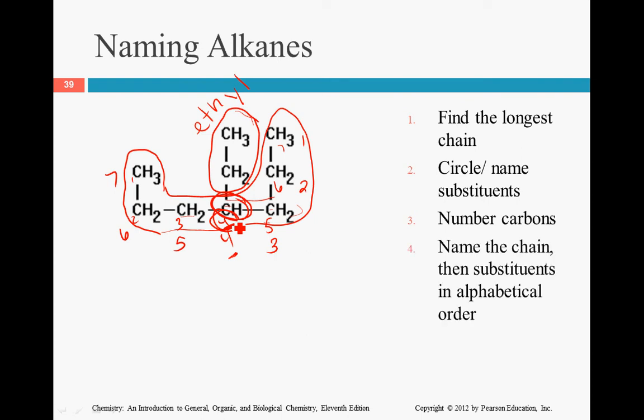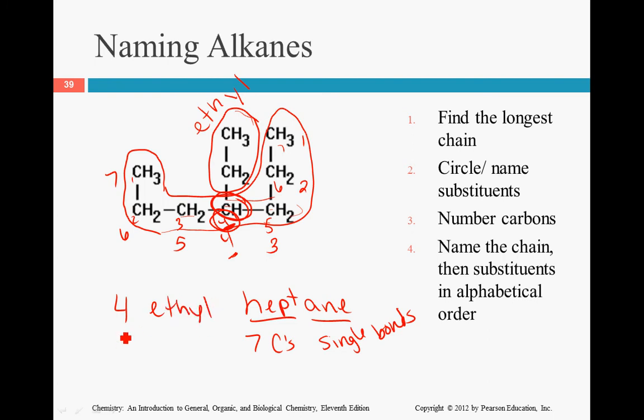So, name the chain. We have 7 carbons in a row. 7, the prefix is hept. So that means 7 carbons right there. They're all single bonded. So we're going to end it in ane. Heptane. Now we look at the substituents. It's on the 4th carbon, and it's ethyl.